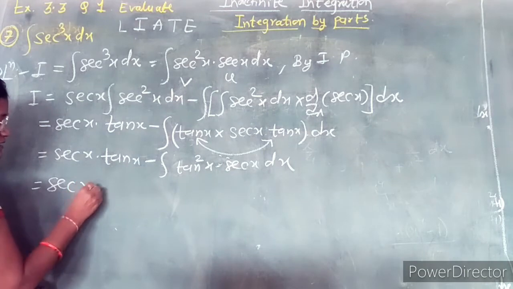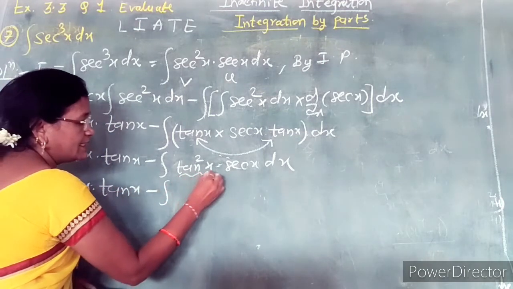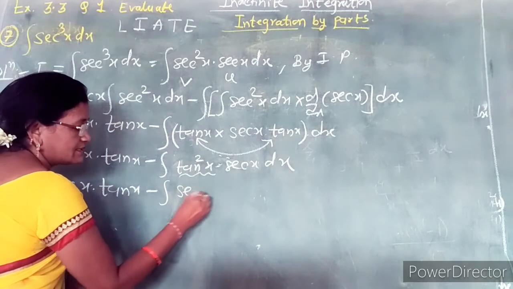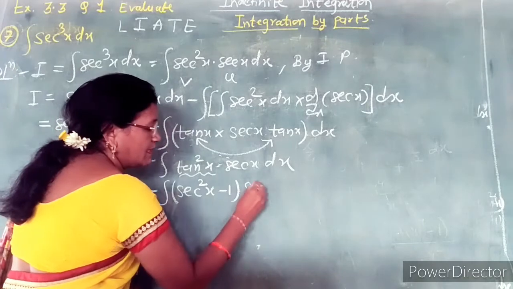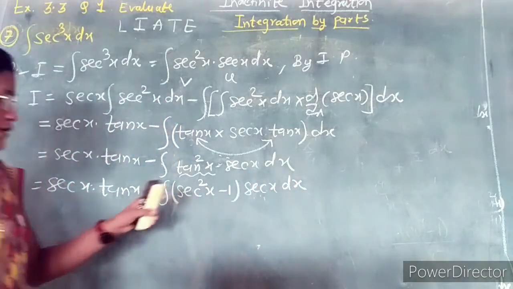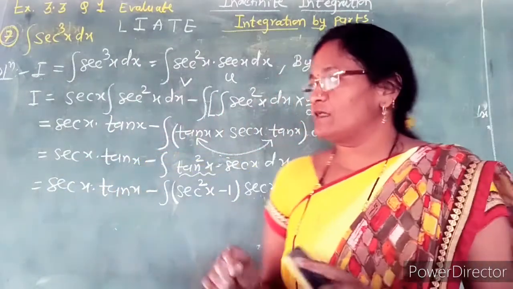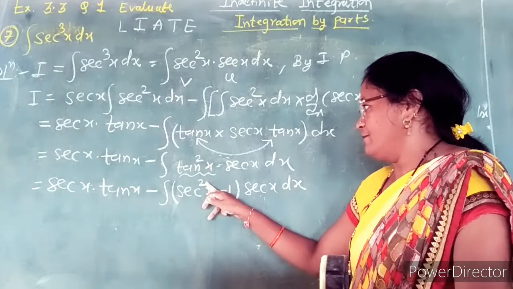Now that term becomes here sec x tan x minus, using the identity for this, tan square x is equal to sec square x minus 1 multiplied by this sec x, whole integral with respect to x. We use here the identity for tan square x again, as we cannot find the integral of tan square x directly.